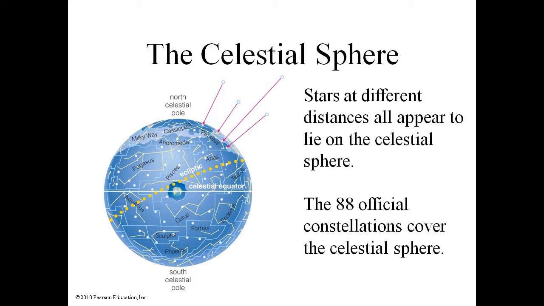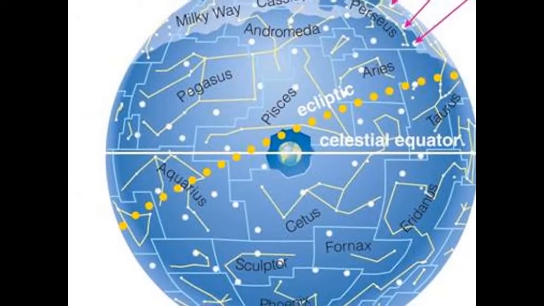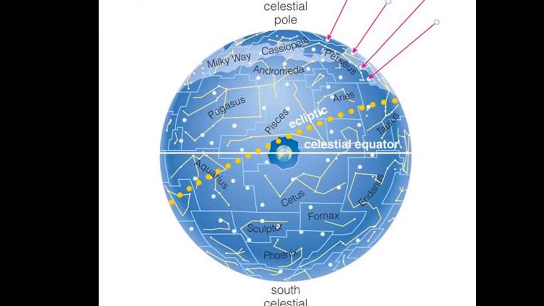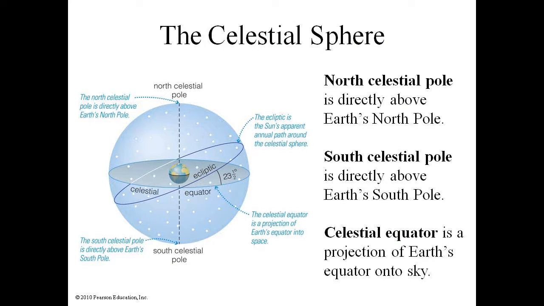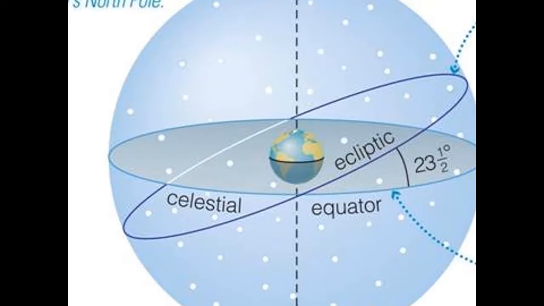Now, the way to imagine the celestial sphere is this. You have the Earth at the center, and then surrounding the Earth is this gigantic sphere with all of the stars on it. Now, a closer inspection of the celestial sphere shows a few important features that we need to name. In this drawing, you can see the Earth is at the center, and you can see there's a black line on the Earth that represents the Earth's equator.